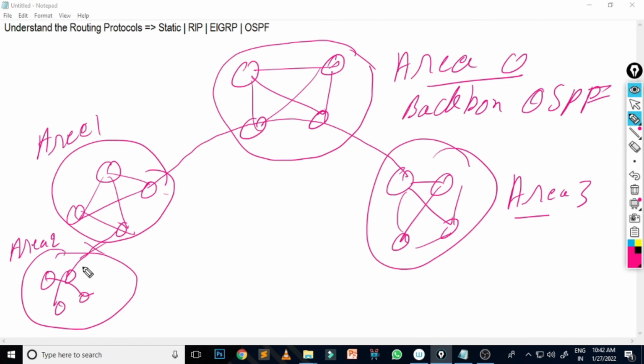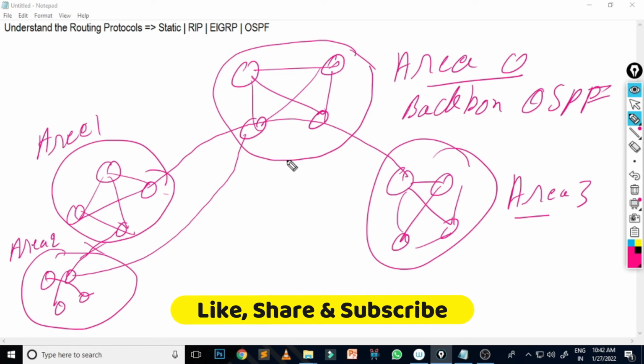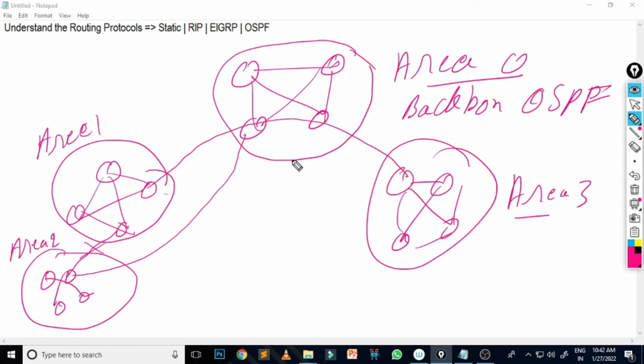In case you want area 1 and area 2 to communicate, you should have direct connectivity to area number 0. So area 0 is the only area in OSPF from where entire data communication can be done, right? Let's say we have some router out here. This router is connected between area 1 and area 0.